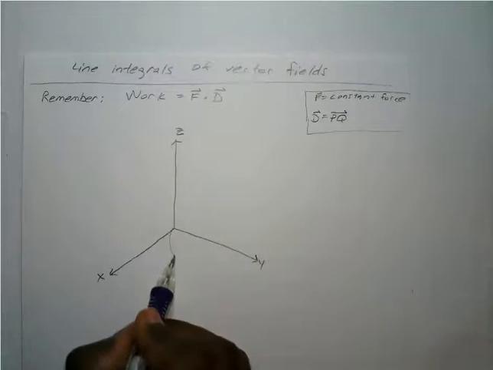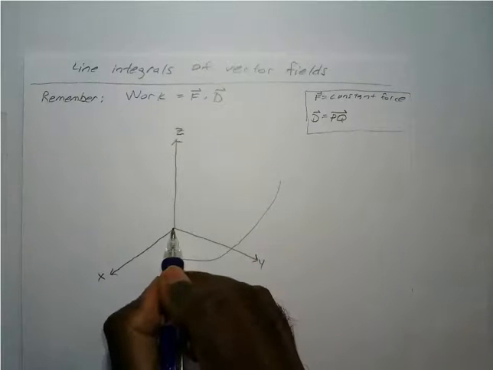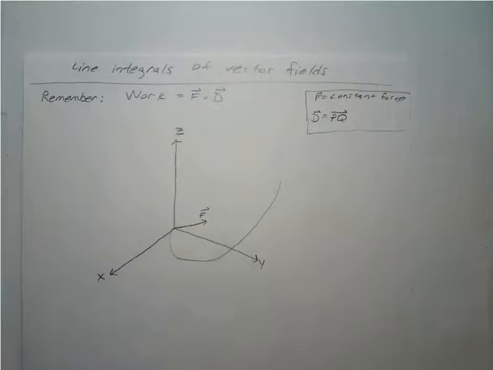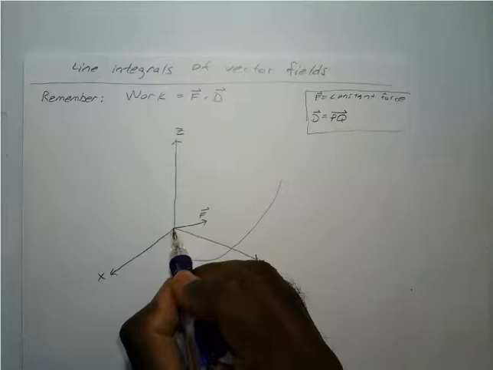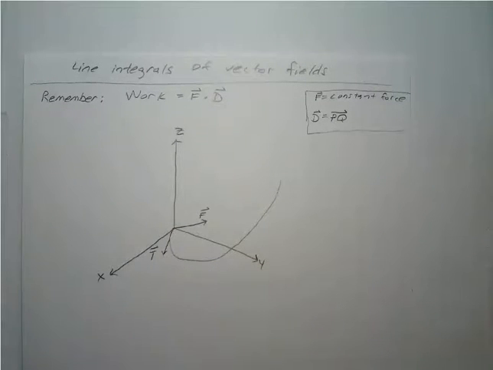Let's say this curve kind of comes out and looks like that. Let's say for each point we have the projection, the dot product of our force and our unit tangent vector. So if we have our force, it happens to be going this way. Of course, our unit tangent vector will be pulling that way.